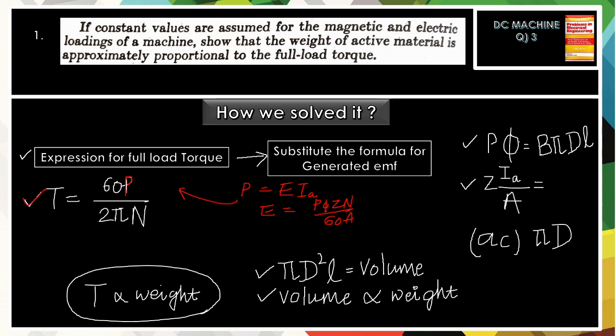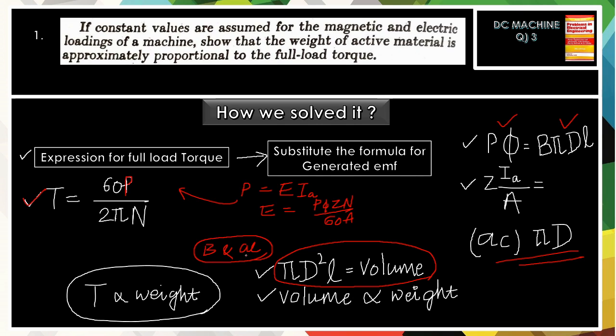Then we expressed P phi equal to B pi dl and ZIa by A equal to AC into pi d. And in the final expression, pi d square L is nothing but the volume. So if B and AC are constant, then torque is proportional to volume, hence torque is proportional to weight. These are the steps we follow to solve this question.